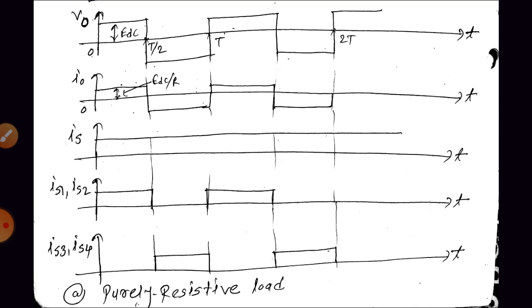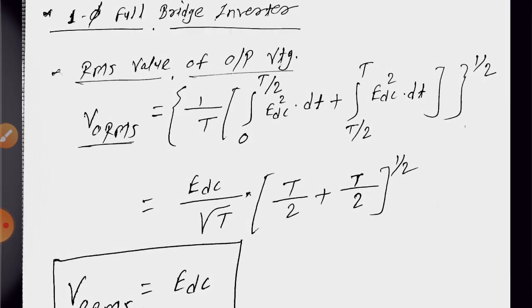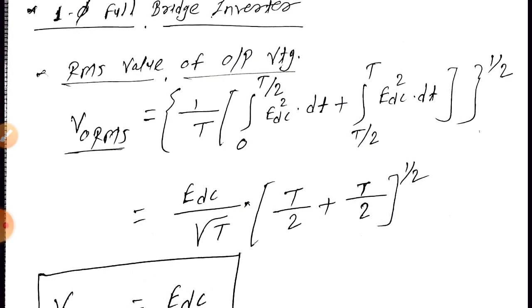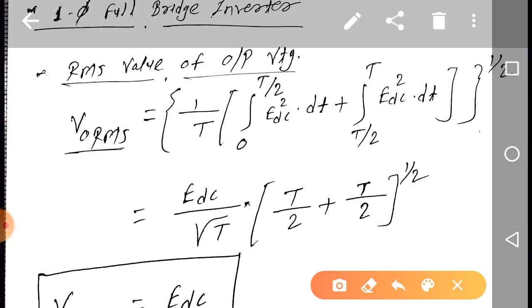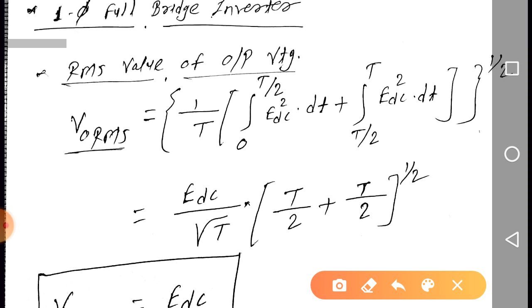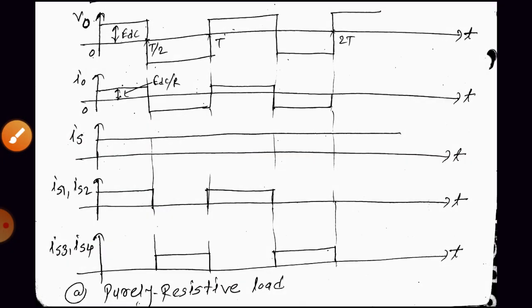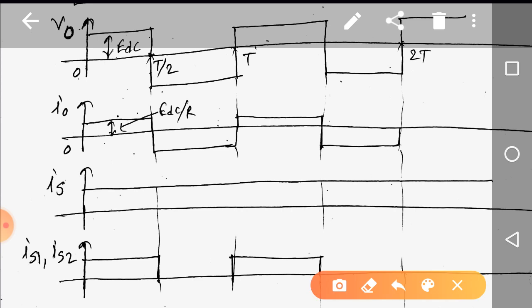Okay. Next, let us derive the expression for the V0 RMS. So V0 RMS is equal to 1 by T integration. If you check the waveform of V0, V0 is a periodic signal, and the period is 0 to T, right? So capital T is the period of the signal.